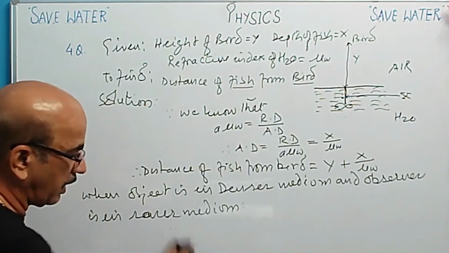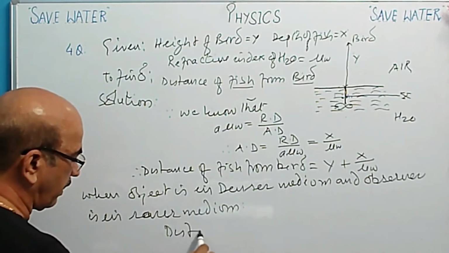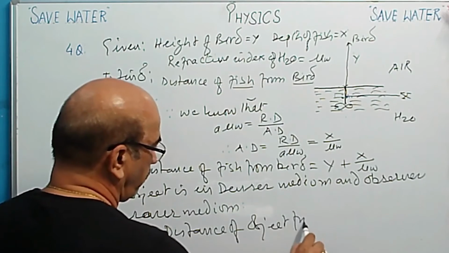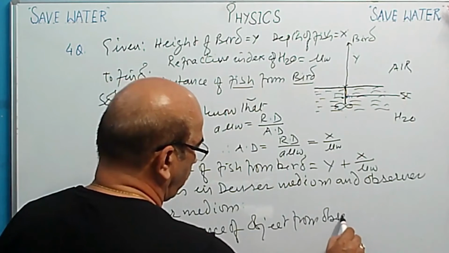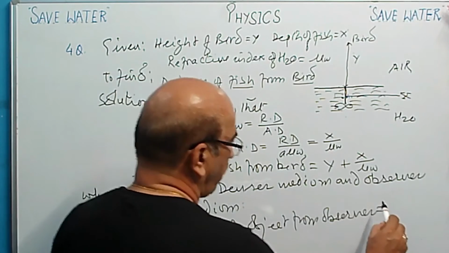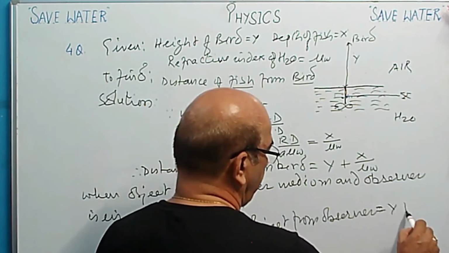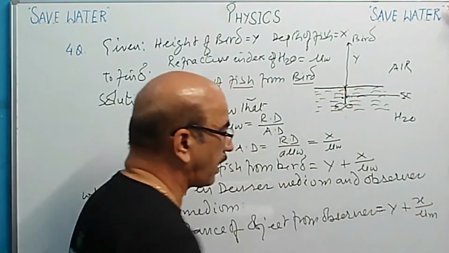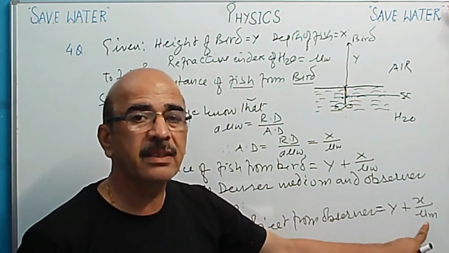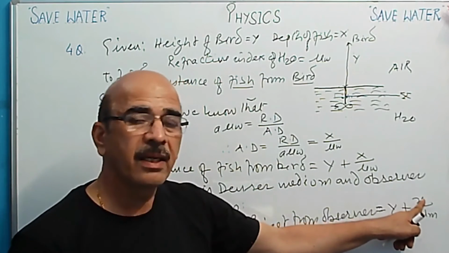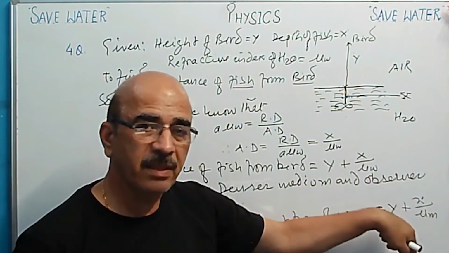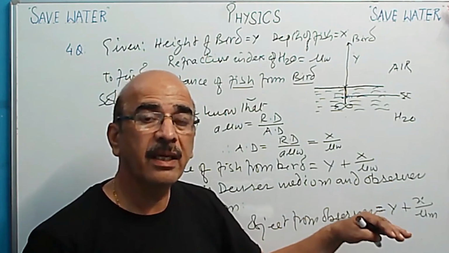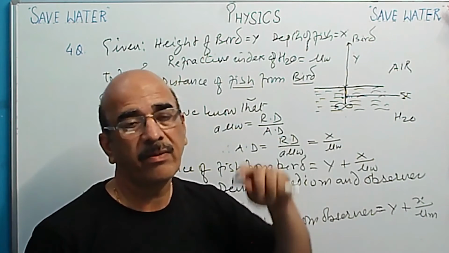Okay, so distance of the object from the observer will be here y plus x upon the refractive index of the medium in which the object is lying. Here x is the depth of the object in the denser medium, and y is the height or distance of the object in the rarer medium from the interface.